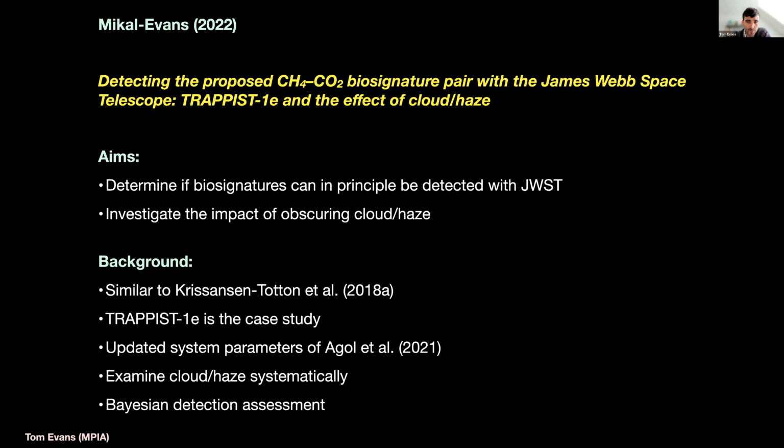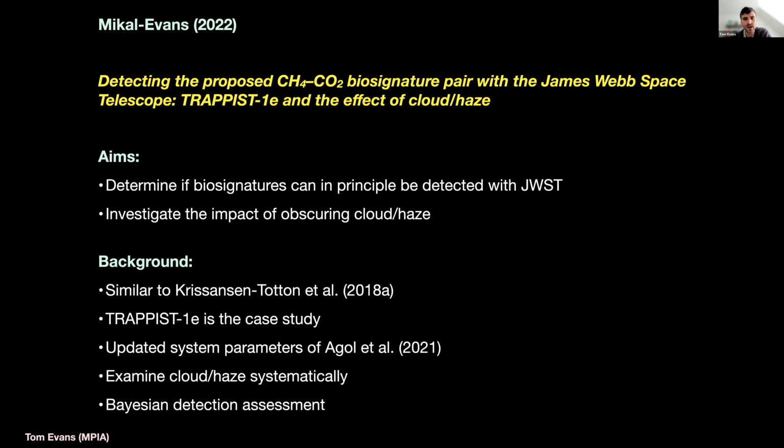And so, as a bit of background, there have been other studies that have looked into this same question before, and in particular, my own study was directly inspired by the work of Christensen-Totten et al., who also investigated the detectability of methane and carbon dioxide in the atmosphere of TRAPPIST-1e. But there are a few things that set my work apart from the Christensen-Totten study.